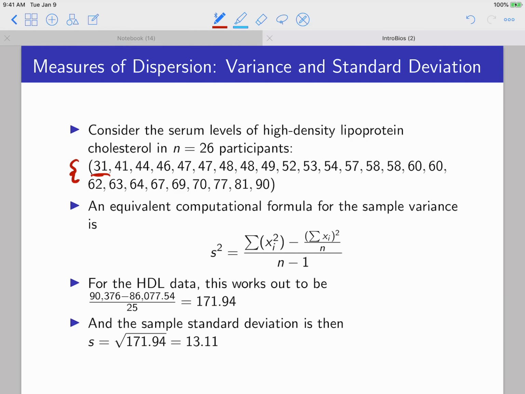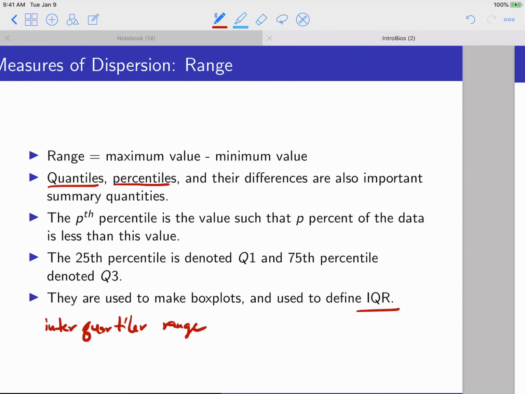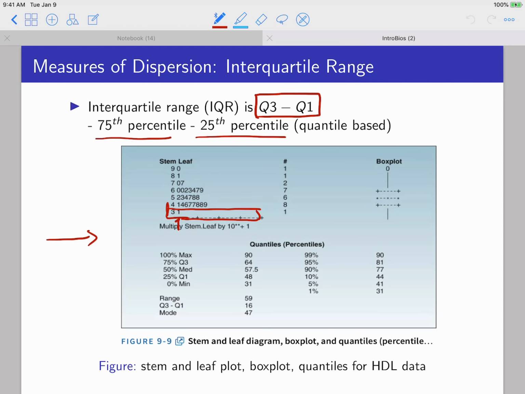We only have one number that's in the 30s, and the value after the number 3 is a 1. So that's where this number comes from.